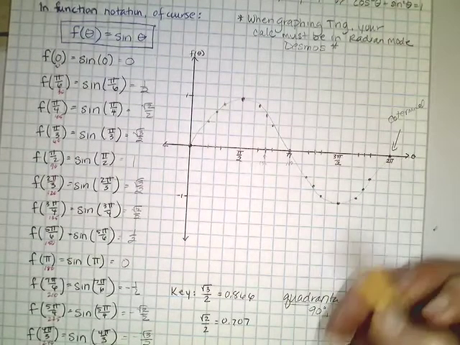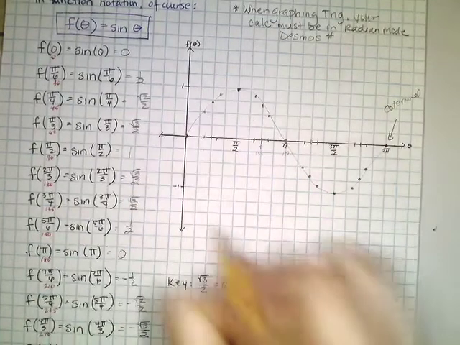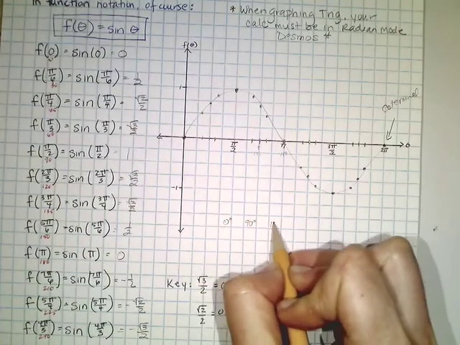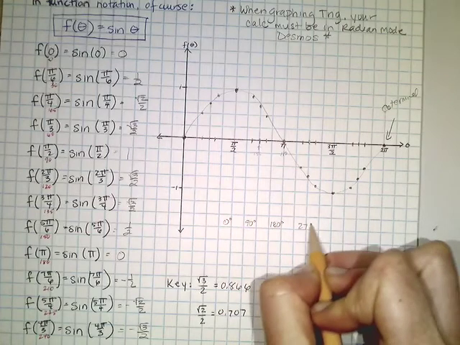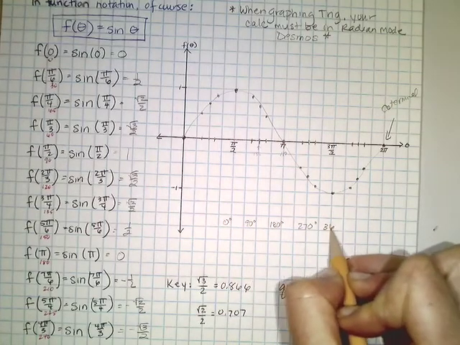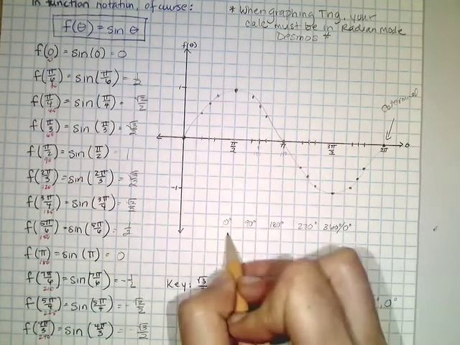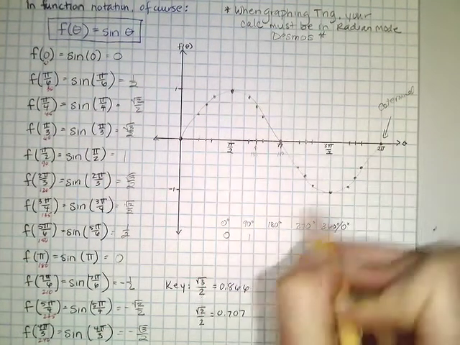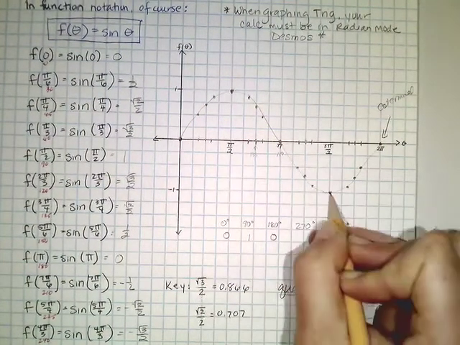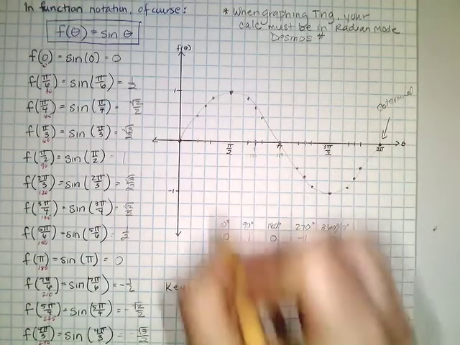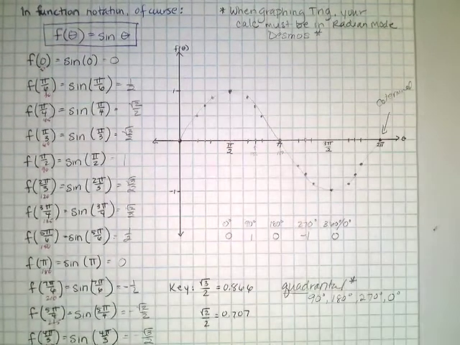Those are right on your quadrantal angles. So you go 0, 1, 0, negative 1, 0. Right, it's kind of like this oscillating relationship, which is really cool. And that is essentially sine.